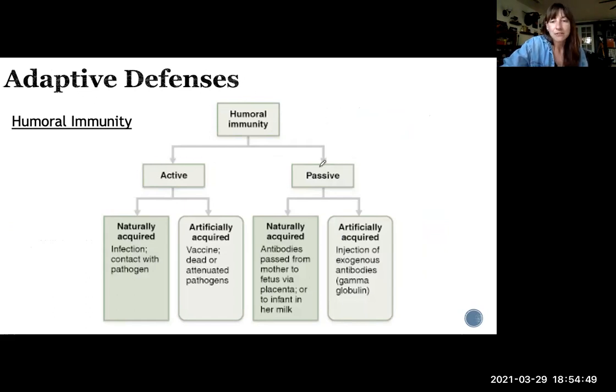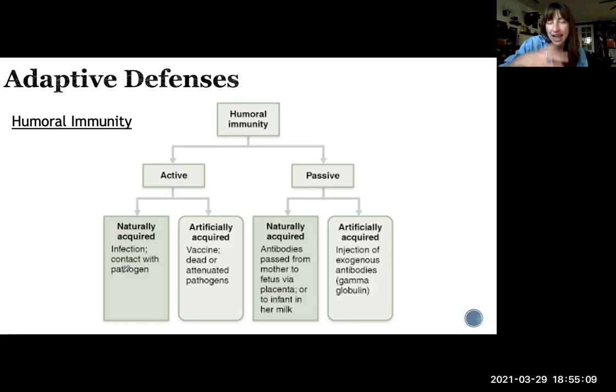You have active and passive. Your humoral immunity is active when you are infected with a virus or a bacteria or some other pathogen. You have contact naturally just from the environment.